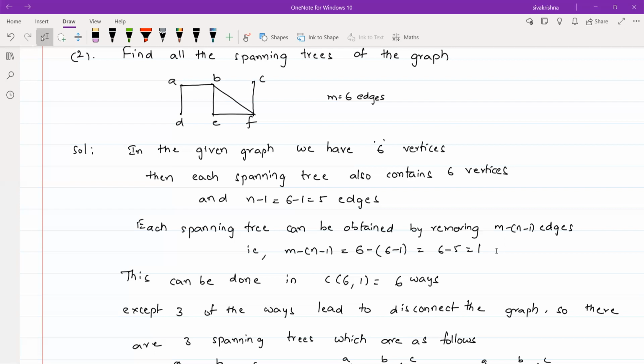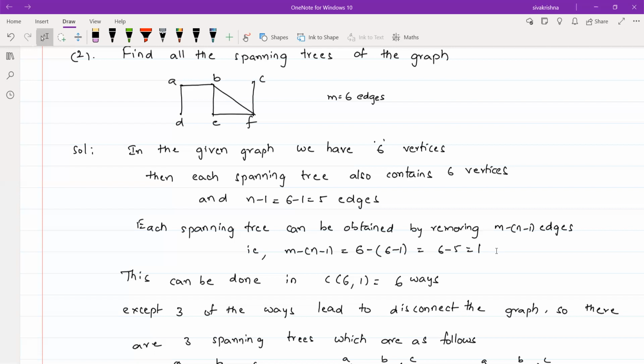Of these 6 ways, 3 ways lead to a disconnected graph, and those 3 ways are: if you remove the edge AD, the graph is disconnected; if you remove the edge AB, the graph is also disconnected; and similarly, if you remove the edge CF, the graph is also disconnected.